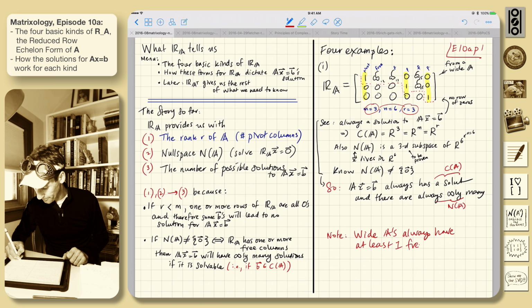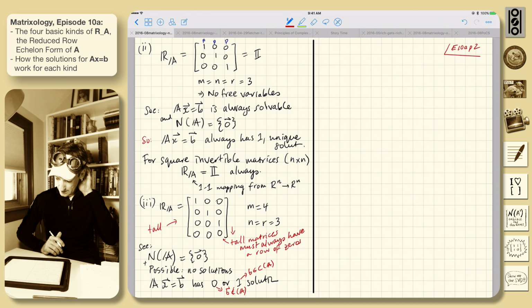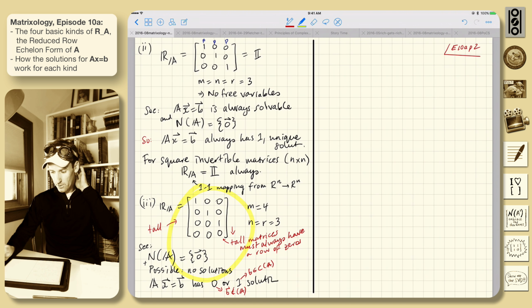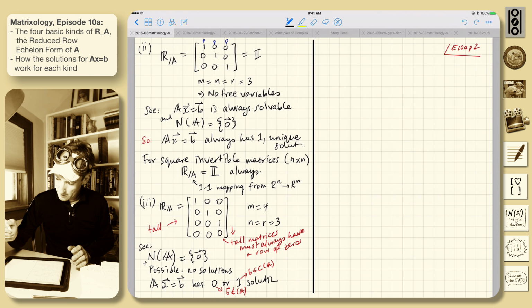Which means the null space of A is not equal to 0. You can always just say that straight away for wide. And in the tall version, you can always say it's possible there's no solution.